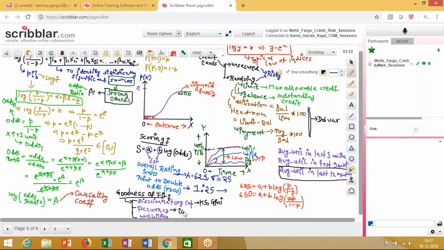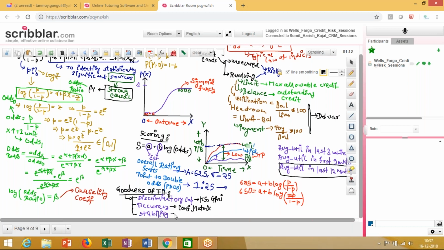How many accounts have you correctly predicted as goods as goods and bads as bads? Confusion matrix, right?